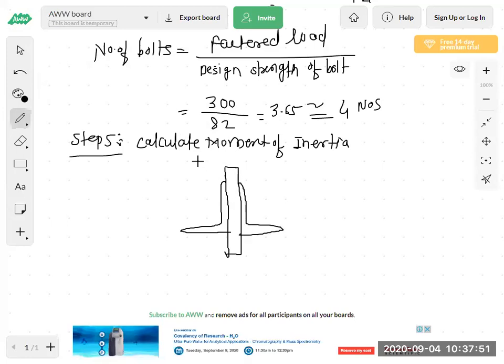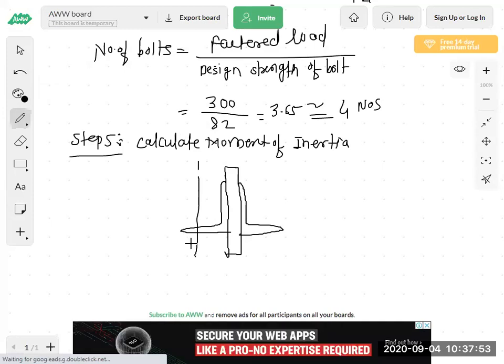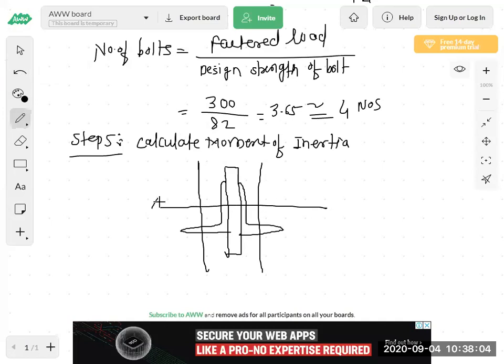So this is the centroidal x-axis. This is the CG of this angle. This is the CG of this angle. CG, CG. Now this is y1, y1. This is y2, y2. Because this is the centroidal y-axis of this angle, and this is the y-axis of this angle.